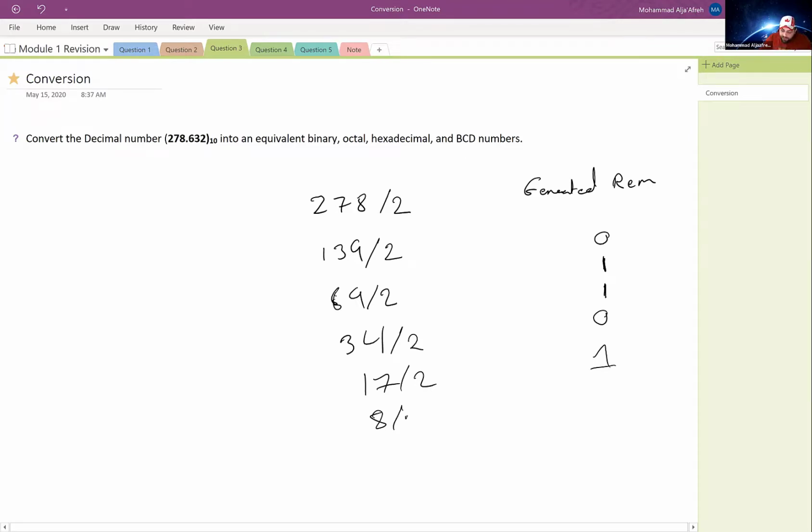Now 8 by 2 is 4, and the remainder is 0. 4 divided by 2 is 2, and the remainder is 0. Now 2 divided by 2 is 1, and the remainder is 0.